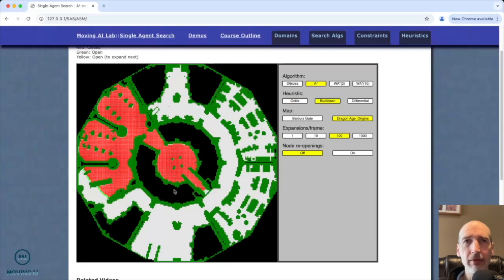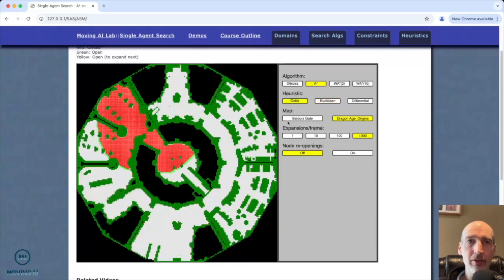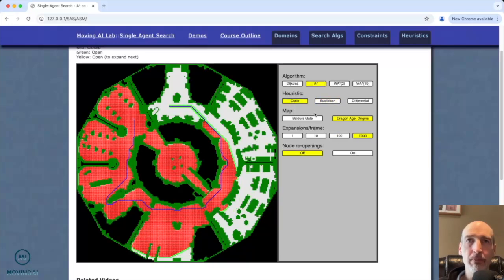It's hard to see a really clear difference here between these two heuristics, although if we're going really fast, then we can see a difference in the amount of work that we do. Depends on exactly where the start and goal are. But so here we see with Euclidean, we filled in all the states around here, and then there's some dividing there. If we are using the octile heuristic, then we've not quite done as much work.